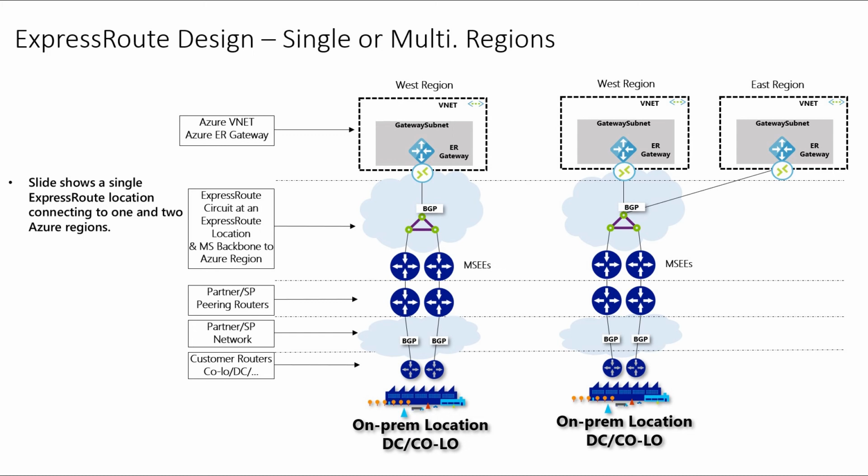Starting from the bottom, you have your own router that's connected to an ExpressRoute service provider router, which then connects you to the Microsoft-managed router at Microsoft Enterprise Edge. Okay, which then hooks you to the Microsoft backbone network. These routers form the BGP pairing, allowing you to exchange routes between your on-premise and Azure.